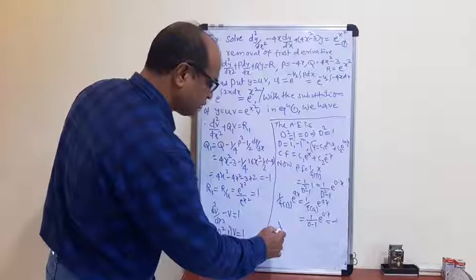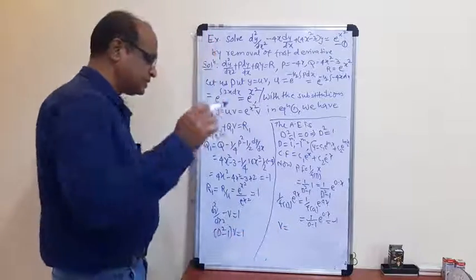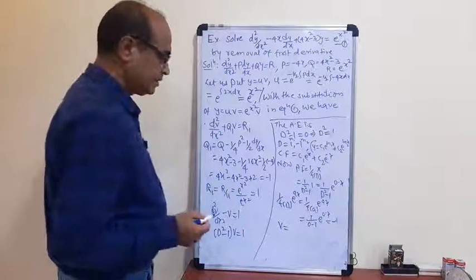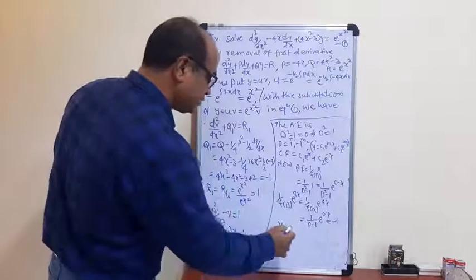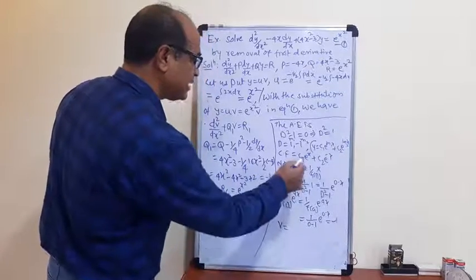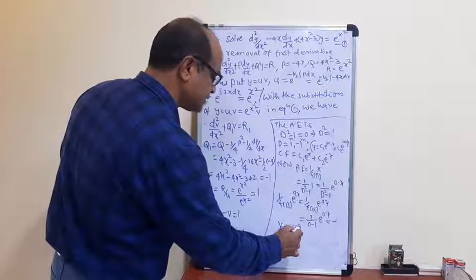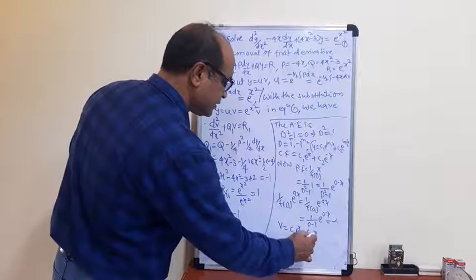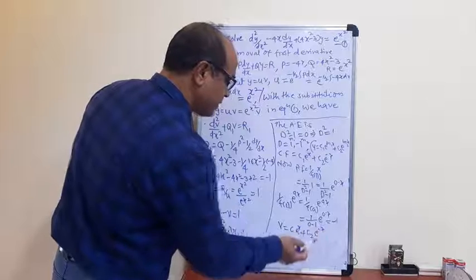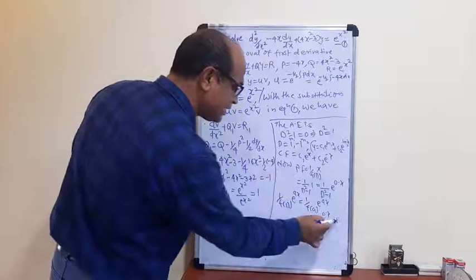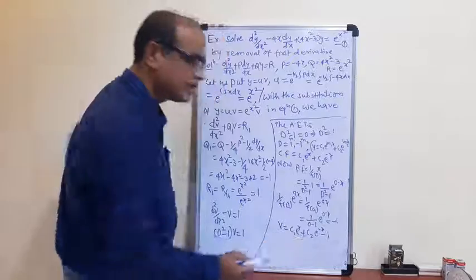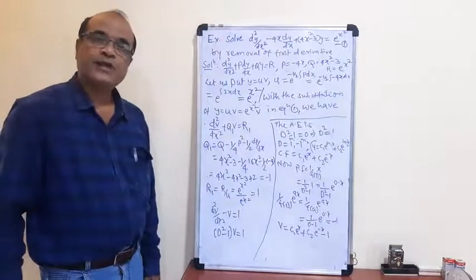Therefore, the complete solution of this differential equation is y equal to CF plus PI. CF is C1 e raised to x plus C2 e raised to minus x, plus the particular integral, which is minus 1.